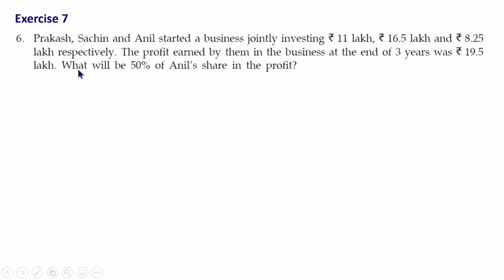So here it is given Prakash investment, Sachin investment and Anil investment were 11 lakh rupees, 16.5 lakh rupees and 8.25 lakh rupees and profit was 19.5 lakh rupees. We need to find 50% of Anil's share of profit.